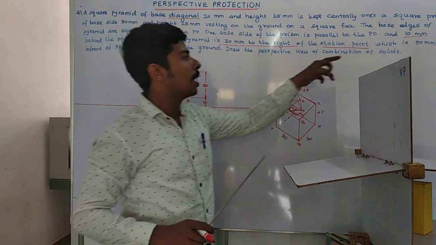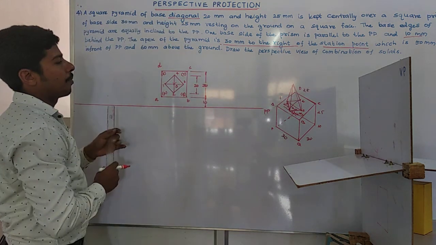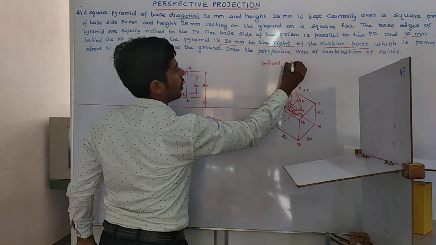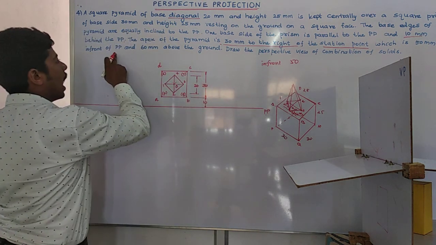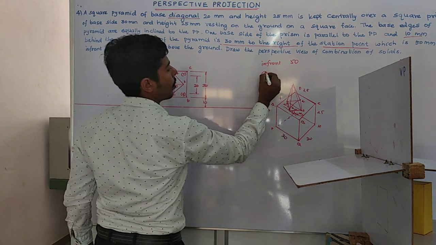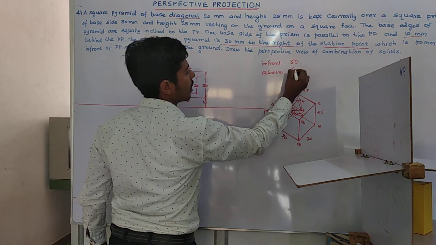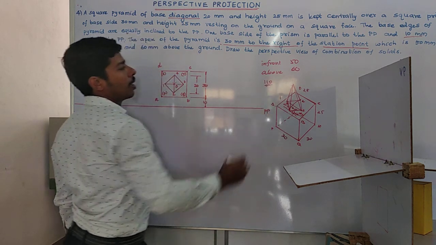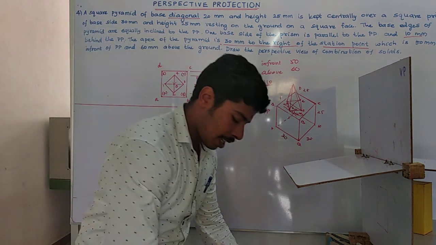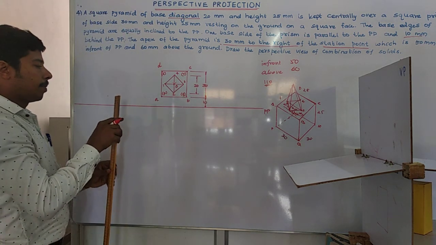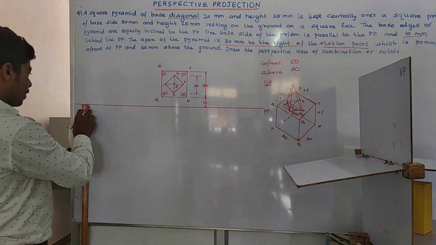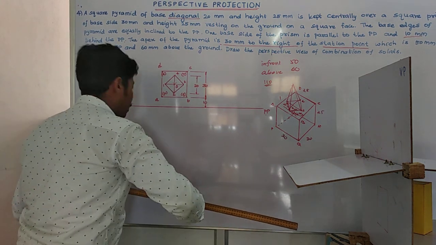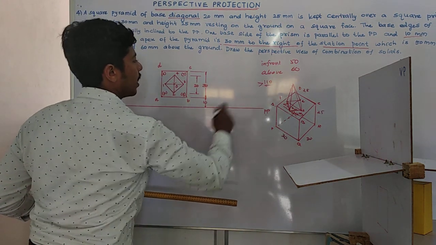The station point is 50 mm in front and 60 mm above. So in front value is 50 mm, above value is 60. Add these two and you will get 110. So take a 110 mm gap, more than 110 mm.